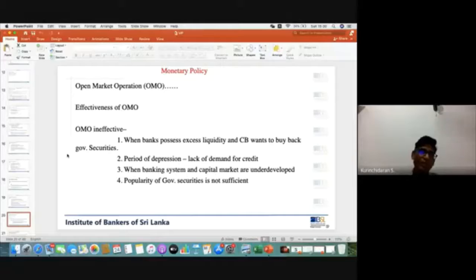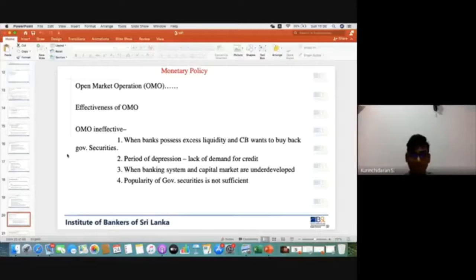Now let's assume open market operation is ineffective. Suppose a central bank wants to increase aggregate demand. So the central bank wants banks to give more credit, and tries to increase the credit creation capacity of the banks.